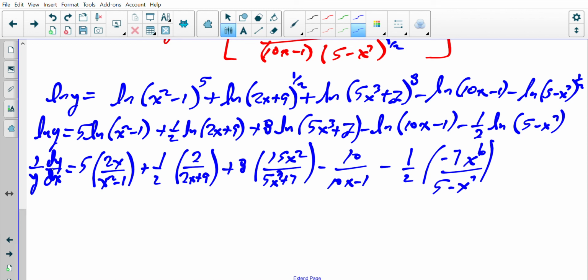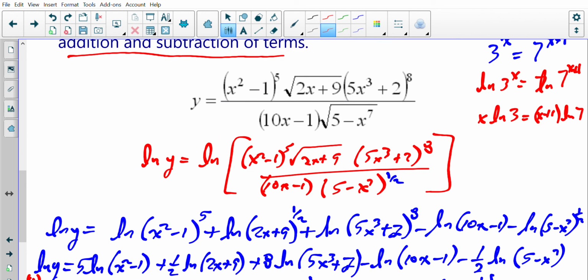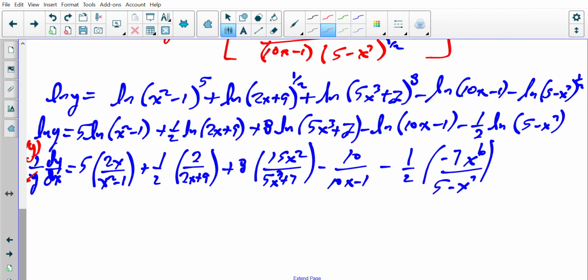I need to get dy/dx by itself, so I have to multiply both sides by y. So if I multiply by y here, that'll get rid of that. So then, dy/dx, remember, whatever you do to one side, you need to do the same thing to the other side.